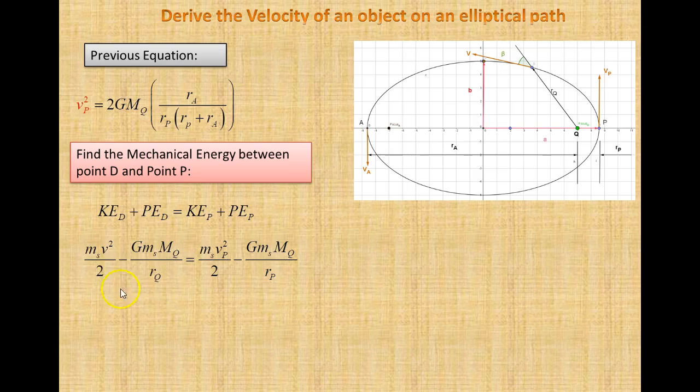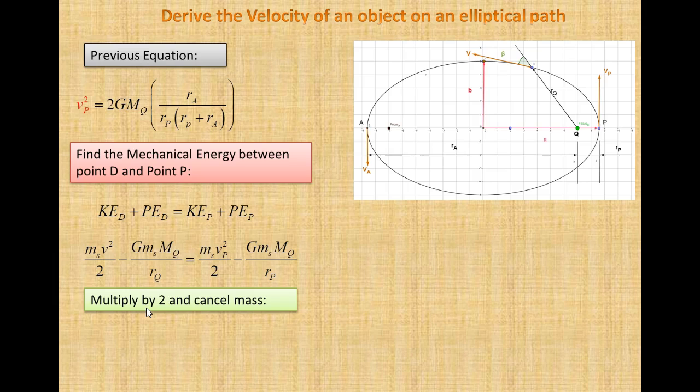It's RQ now. So we have the mechanical energy at D, which is the same as previously: one half the mass times velocity squared at D minus the gravitational constant G times the mass of the satellite times the mass of the planet at Q divided by RQ from Q to D. Okay, so that's the only difference between those two energy equations.